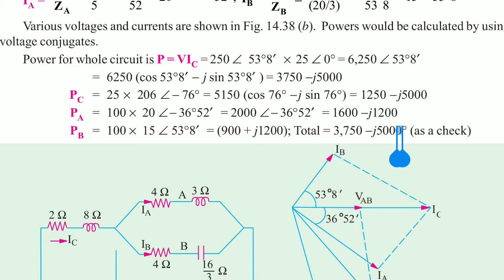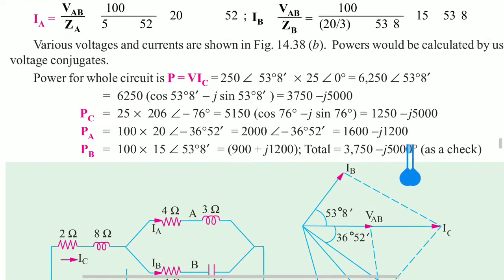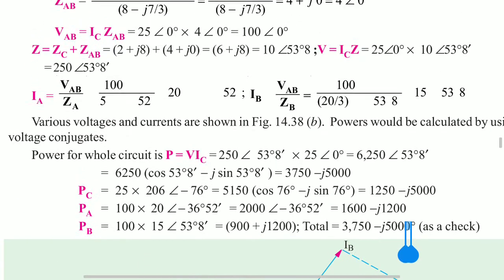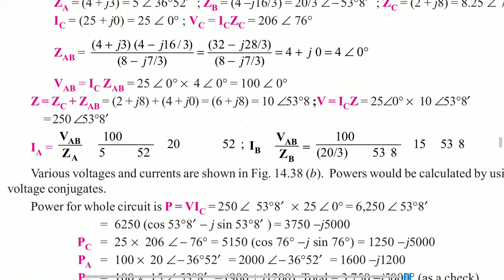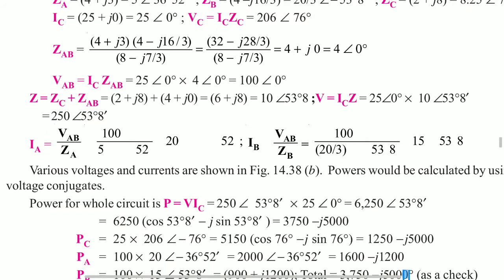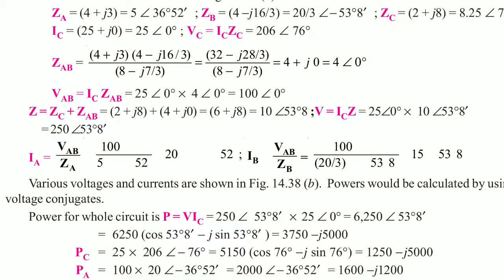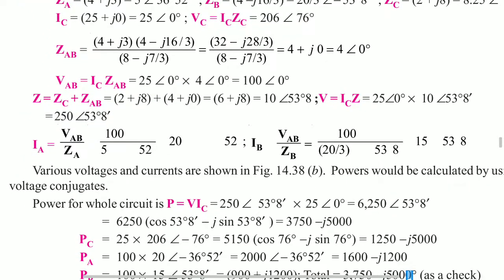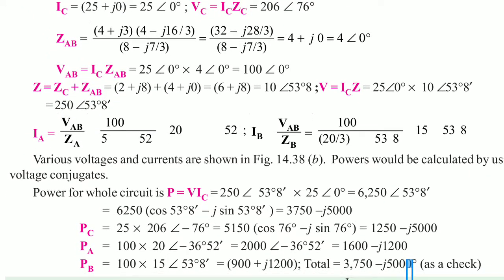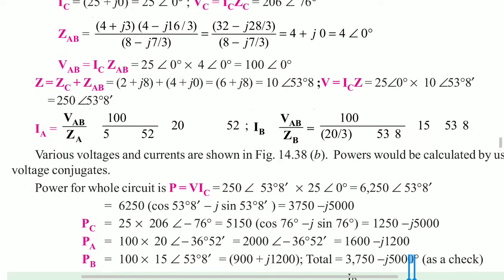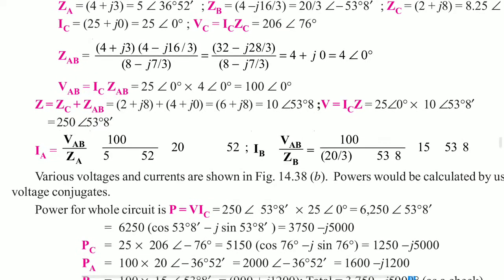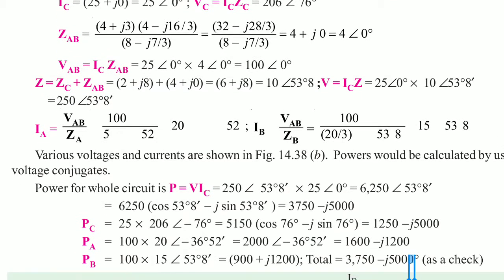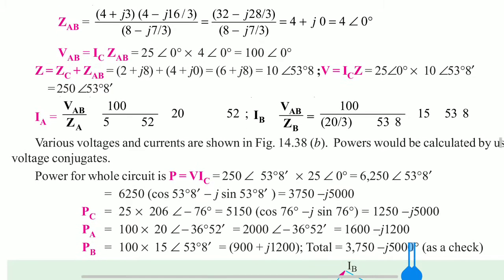See, V is how much? V is 250 angle of 53 degrees 8 minutes, and I, meaning IC, is 25 angle of 0 degrees.